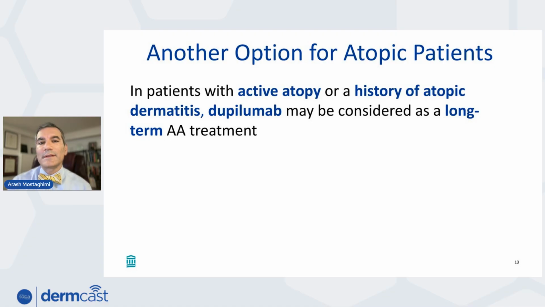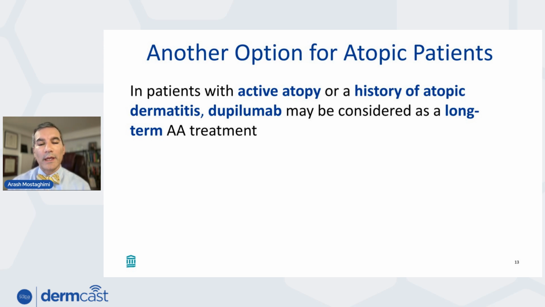For patients that have a significant atopic history, this could be asthma, eczema, or nasal polyps, which is about 15 to 25% of patients with alopecia areata, dupilumab may be an option as well. Now, this data is not nearly as good as the data for JAK inhibitors, and dupilumab is not FDA approved. But it is safe.